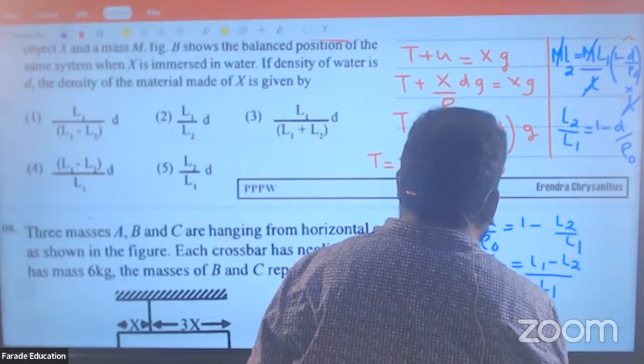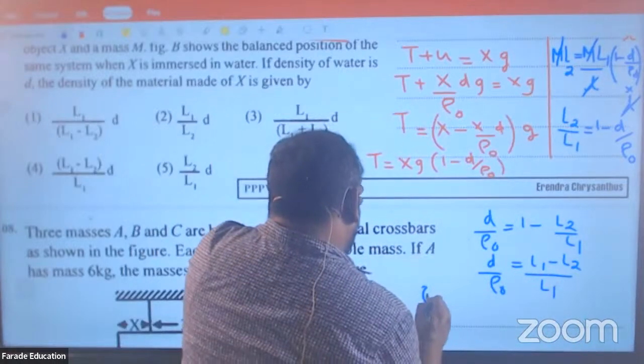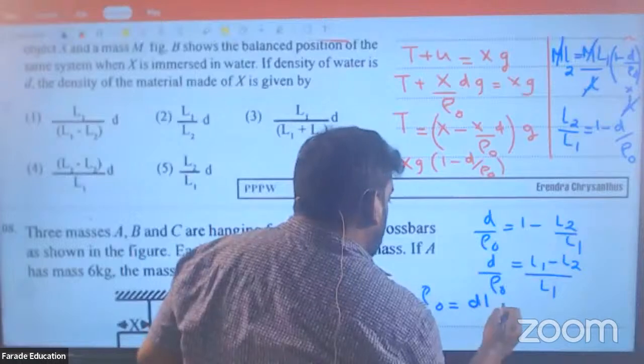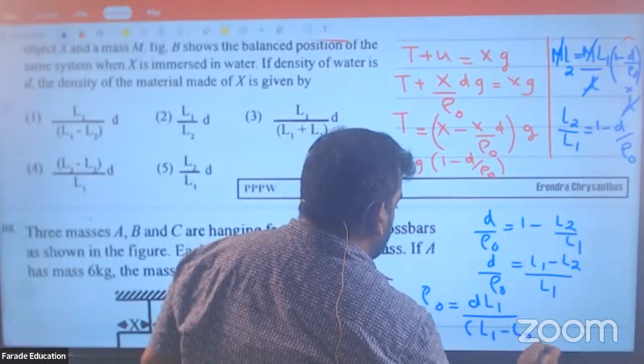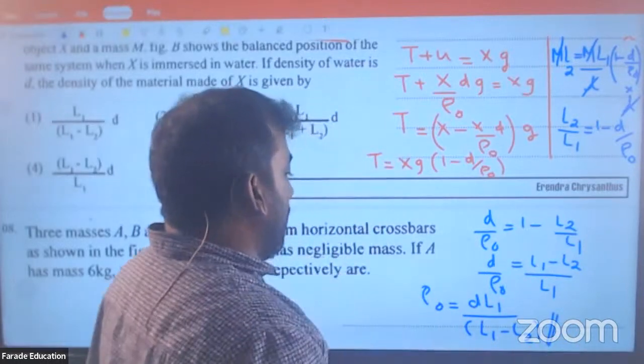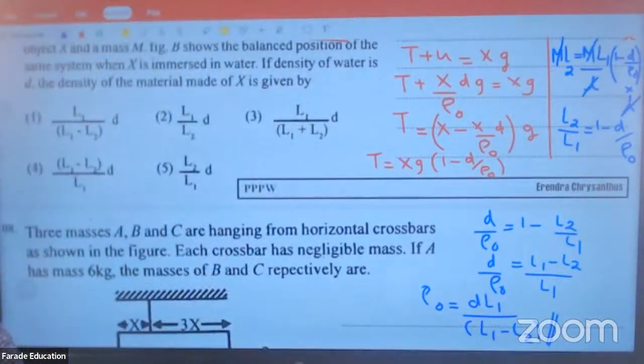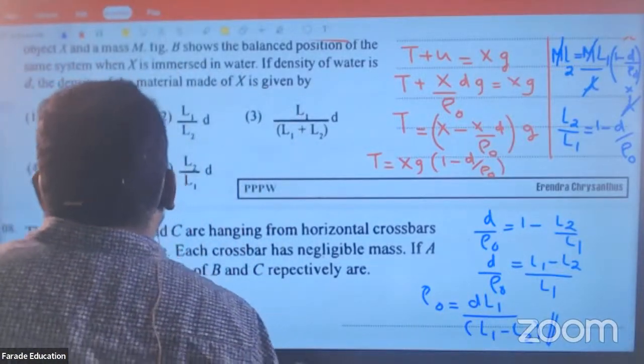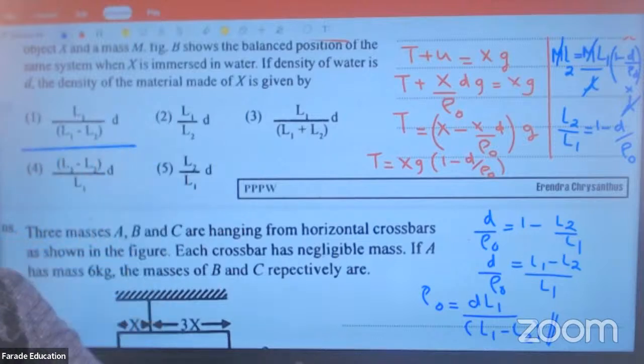So what is rho naught? Rho naught is D L1 divided by L1 minus L2. Answer number 1.